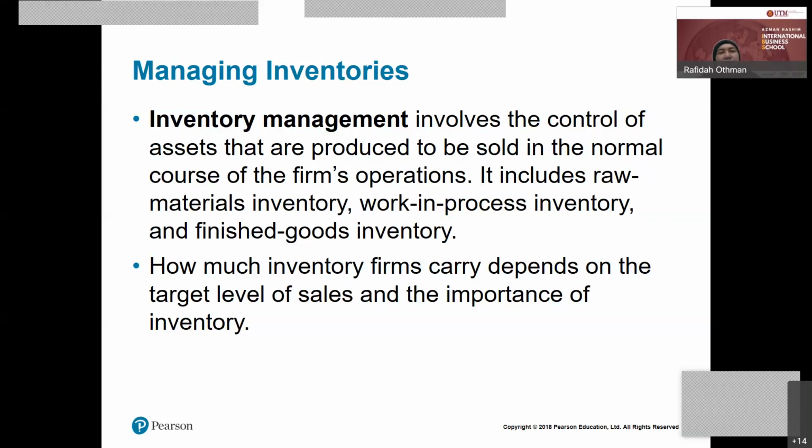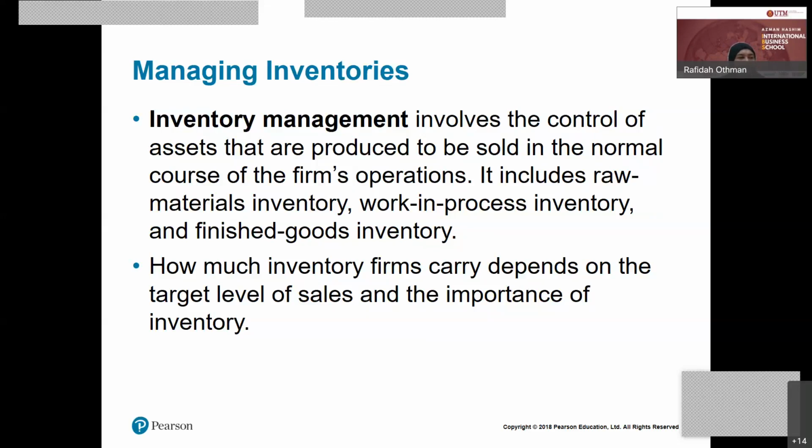If we have work in progress inventory, we won't be able to sell this product unless it is fully completed to be a finished product. Only then will we be able to sell. So we need to manage all this time, because we don't want work in progress inventory to stay long in the process.